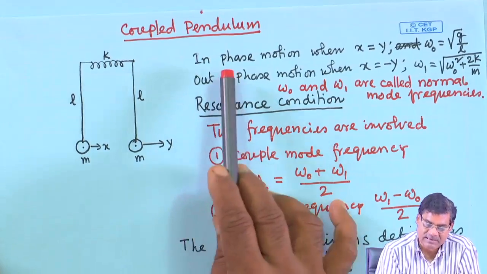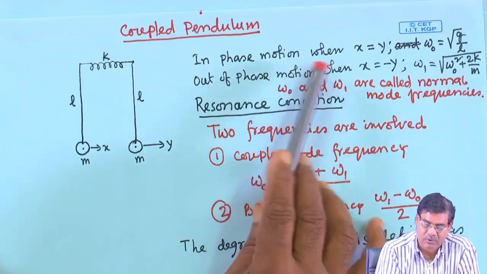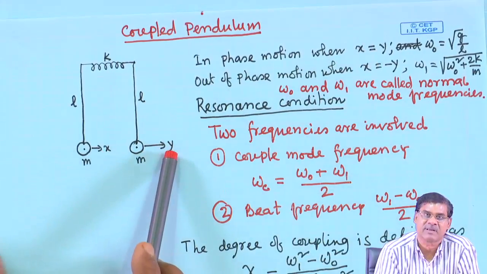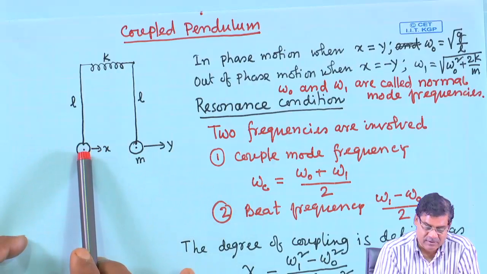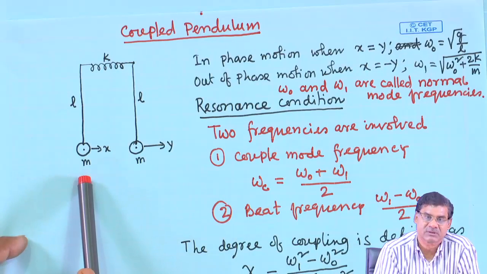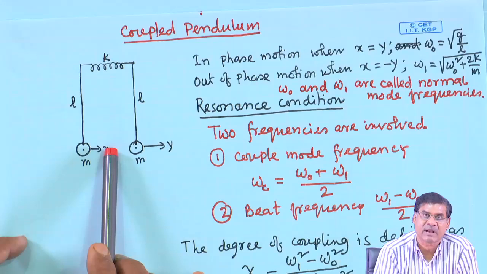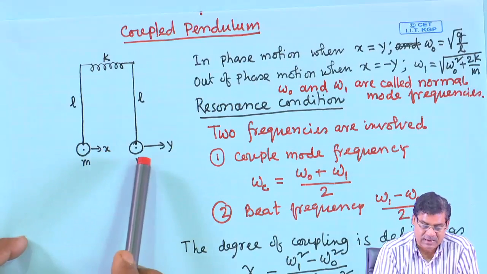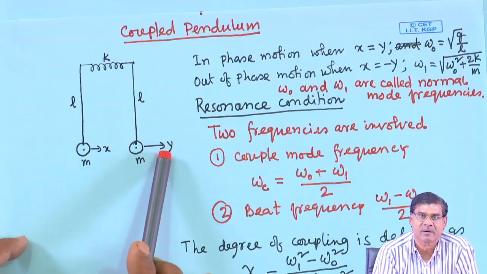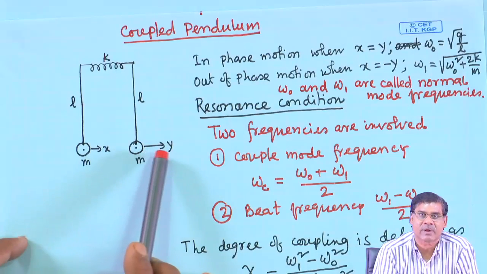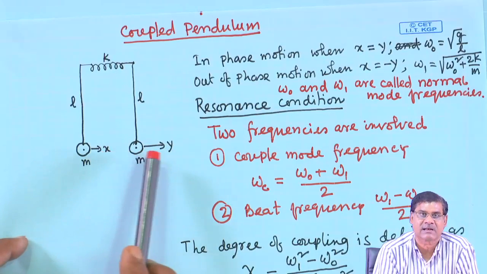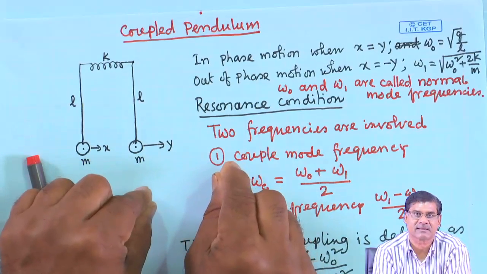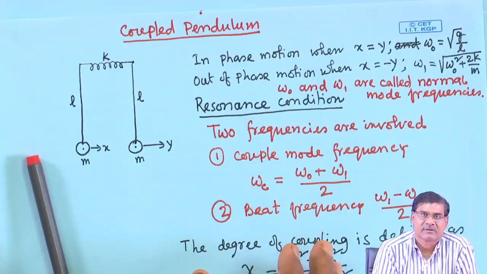Okay. One is in-phase motion, when x equals y. When x equals y, it means that when this one is displaced by amount A, x equals A, the other one is also displaced by amount y equals A. So, both are displaced in the same direction and then released.